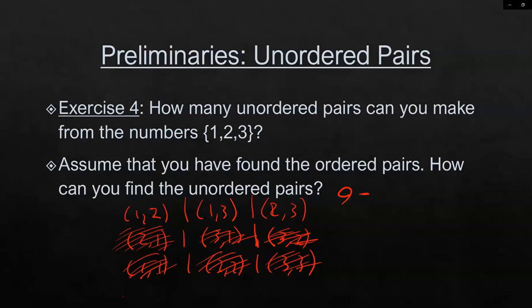In our case, there were 3, right? So we subtract 3. Then how can we find the number of the unordered pairs from this? What can we do to this number to figure out how many are the unordered pairs?